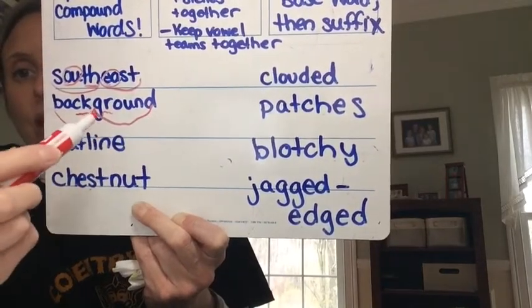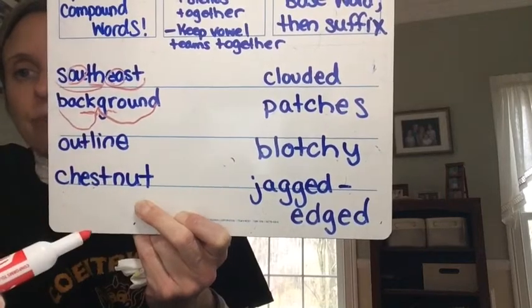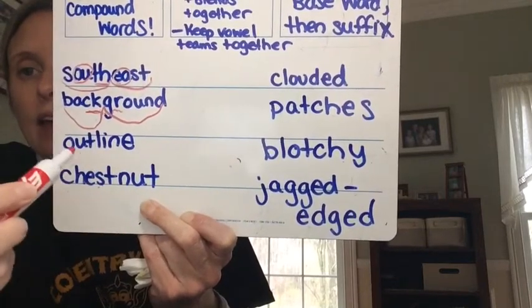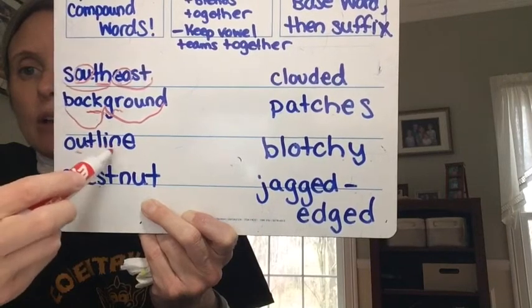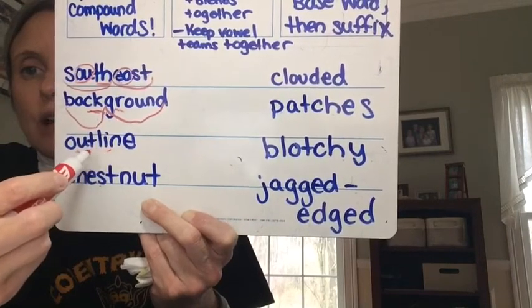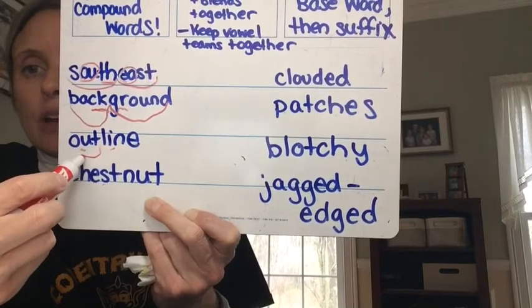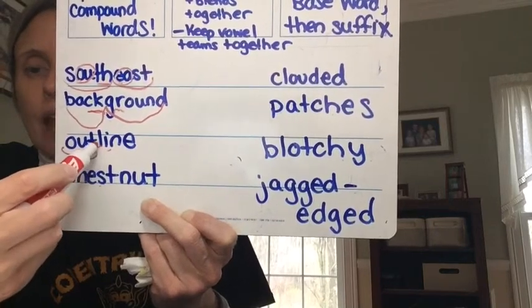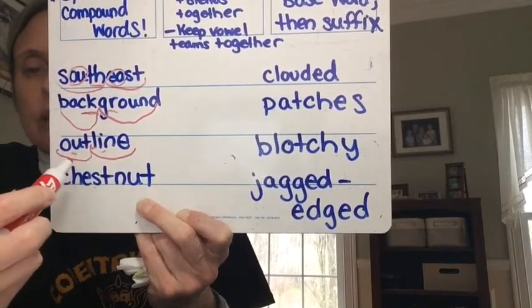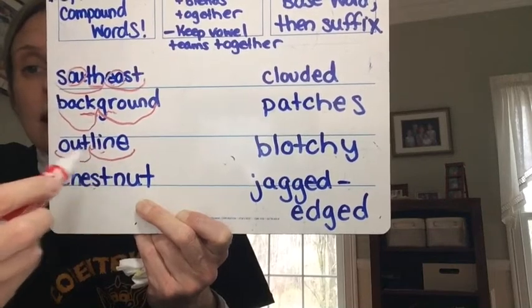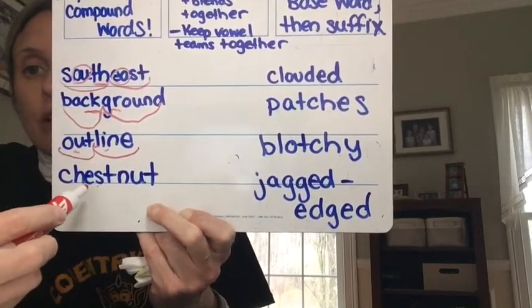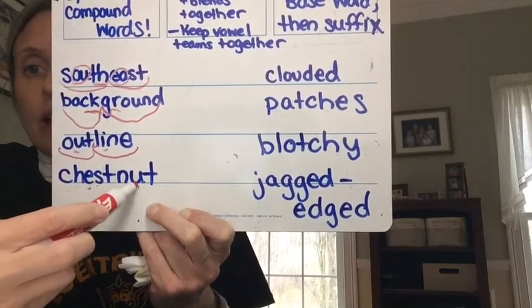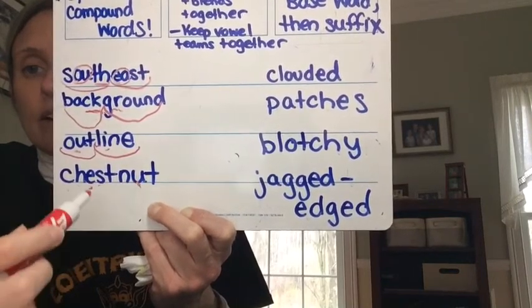ground. So ground, background. Okay, and then again, our vowel team stays together, so I'm just going to count that as 1 vowel. Here's a vowel here, 2 consonants in the middle, so we can chunk it between the 2. And OU-T, you know, says out, outline. And then if we look at this word, I spot my vowel here.